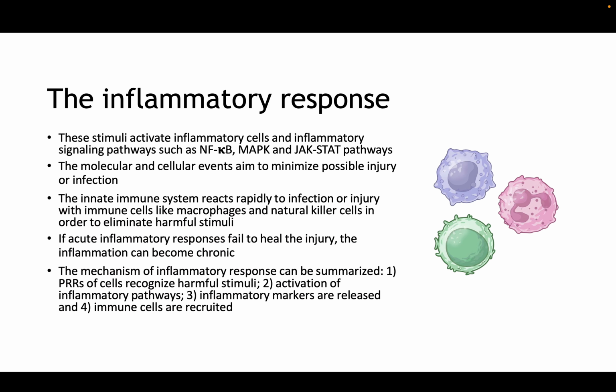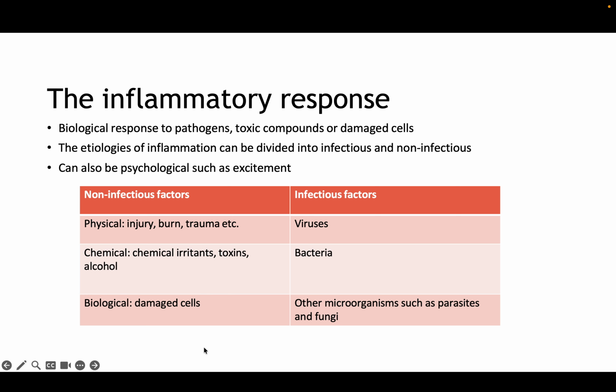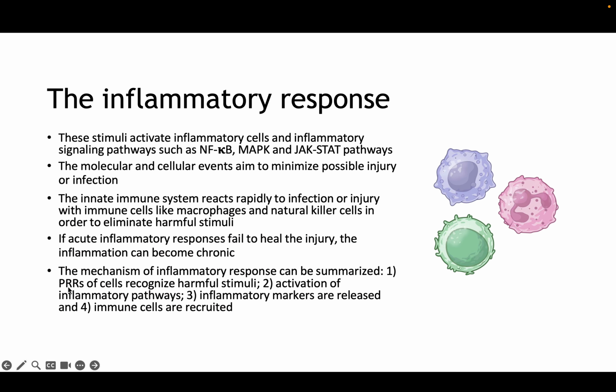It always starts with your innate immune cells, specifically your macrophages. Your macrophages are one of the first cells there to grab. First, they recognize the harmful stimuli, be it a DAMP or a PAMP, through the PRRs.